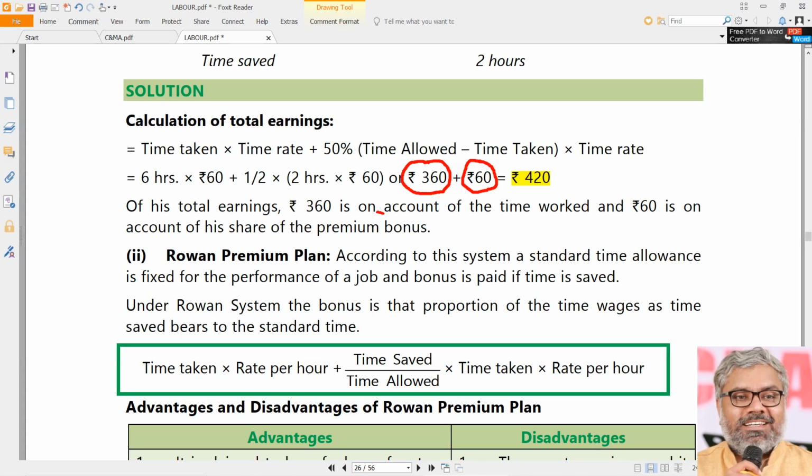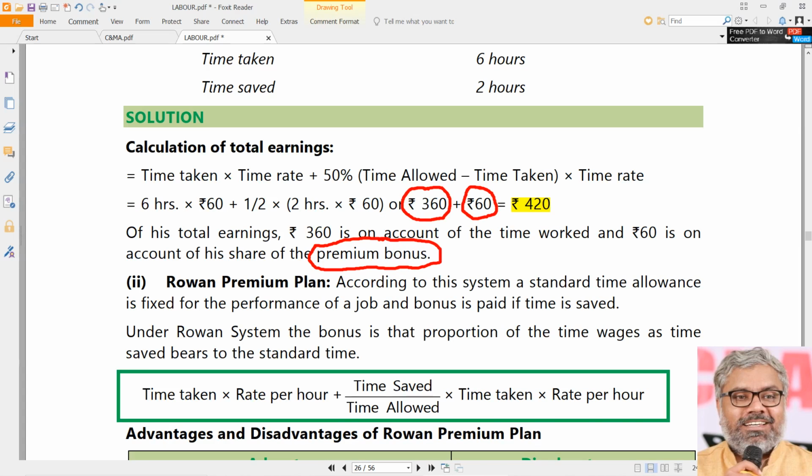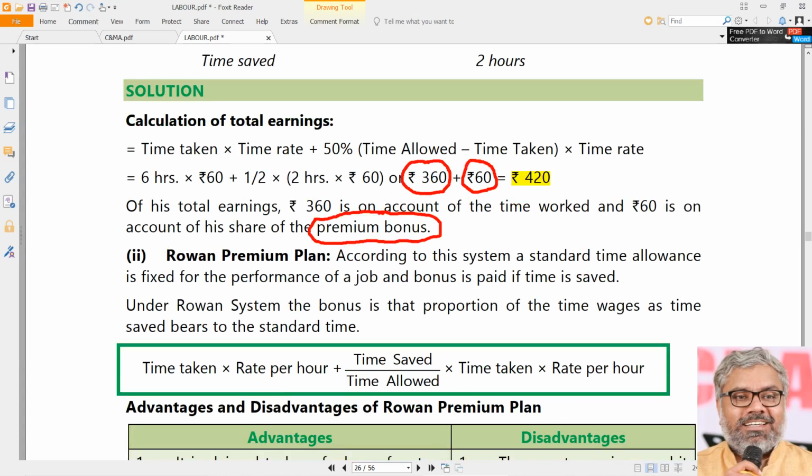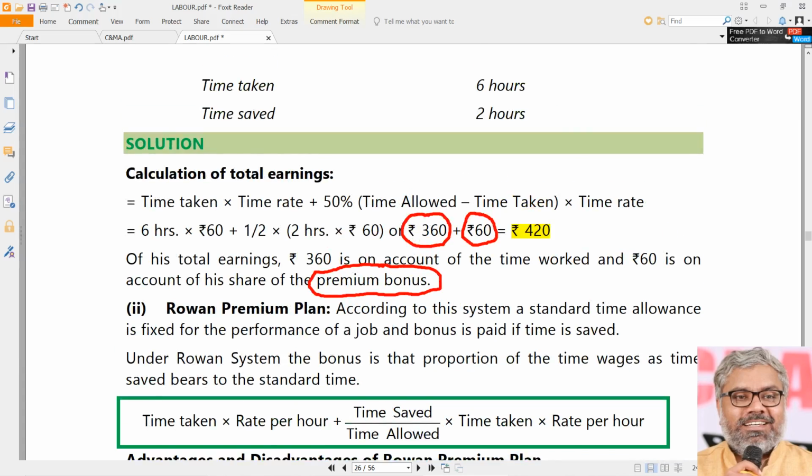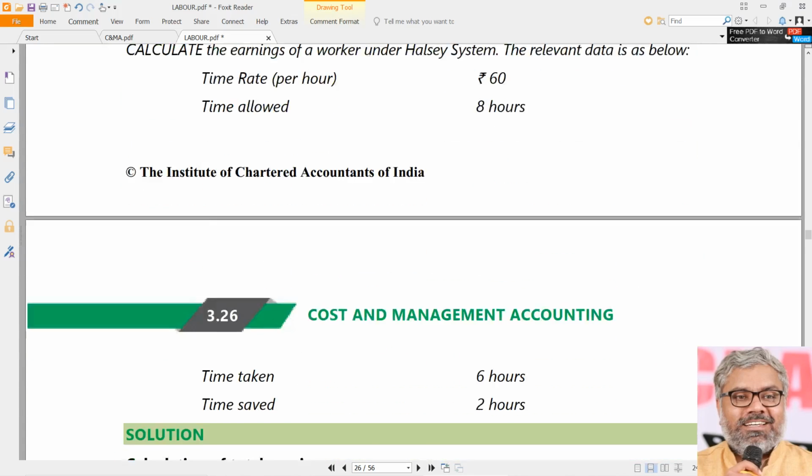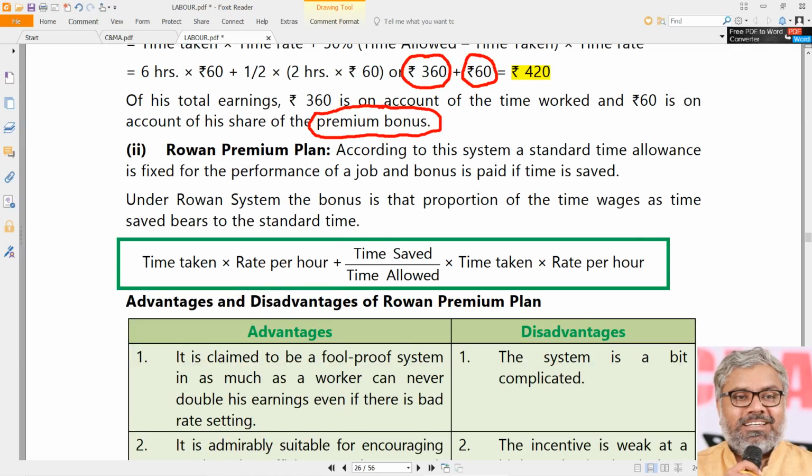That is what we should identify here. These two parts to be identified separately, calculated separately, shown separately in the exam as workings. Final answer, of course, is 420. That is the total wages that are supposed to be paid to this worker. We can call that total earnings. That's it. That is about Halsey bonus plan or premium plan.